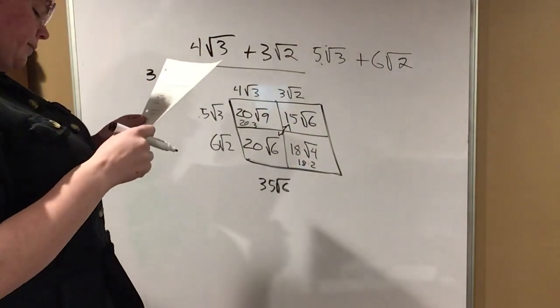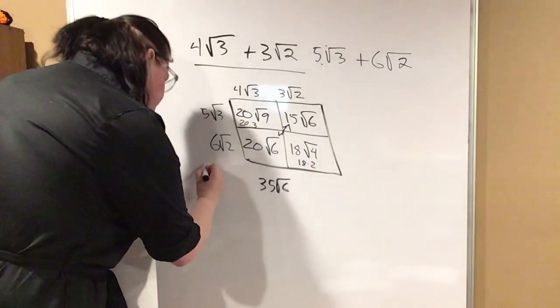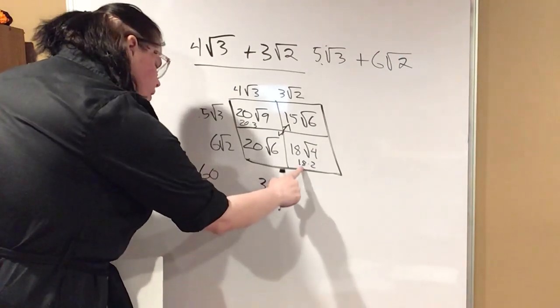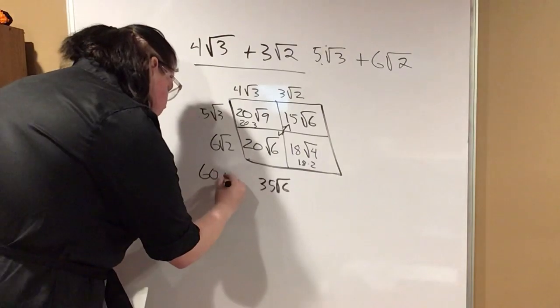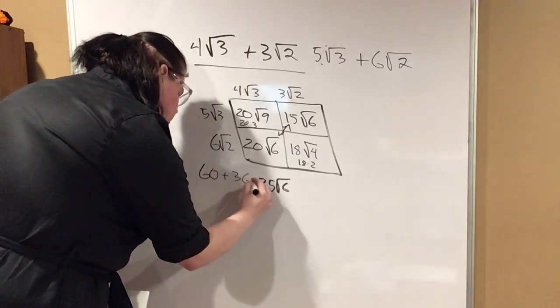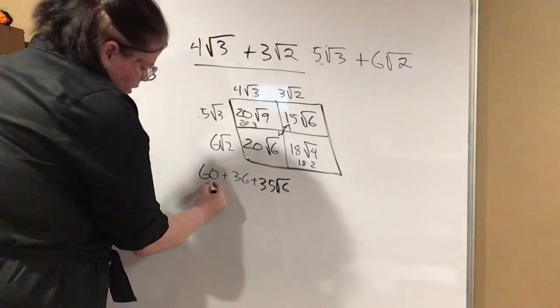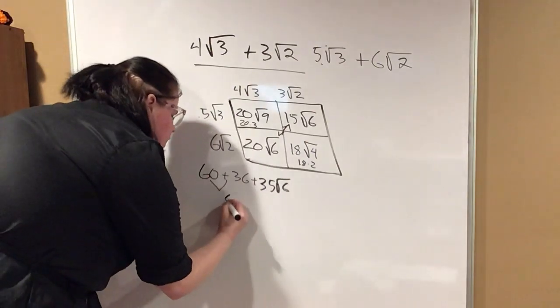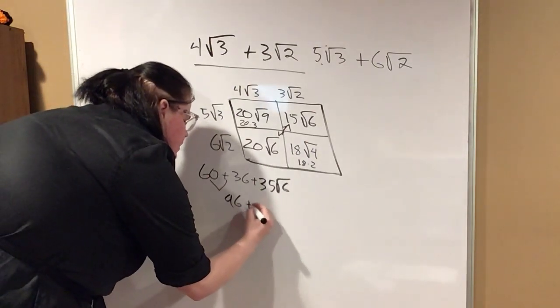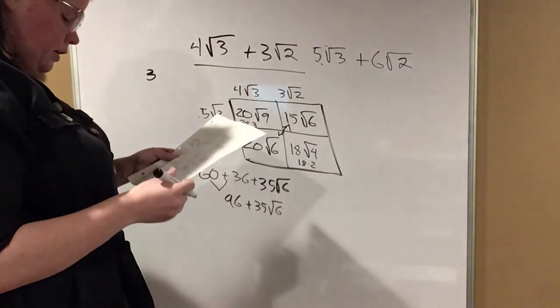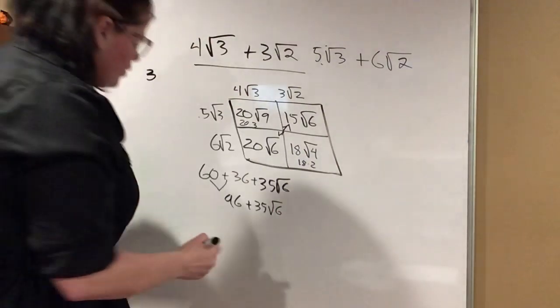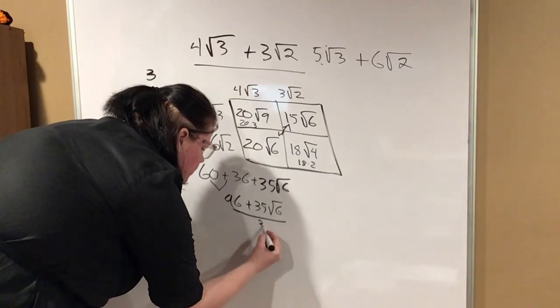So 20 times 3 is 60. And then 18 times 2 is 36. Well, we have more like terms here. So we get 96 plus 35 square roots of 6. And then we put it back over our 3.